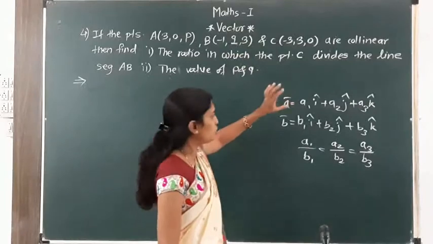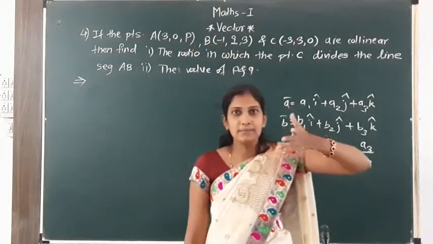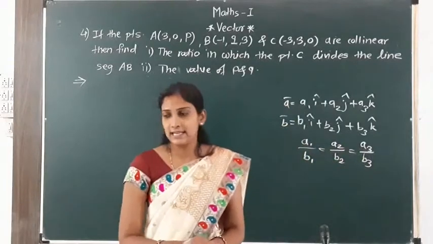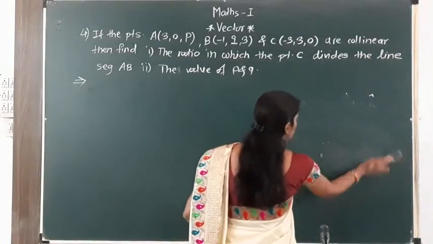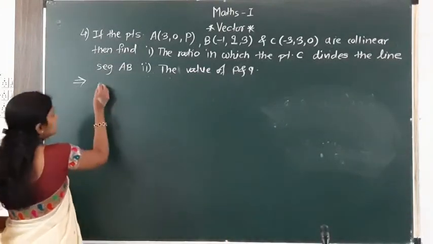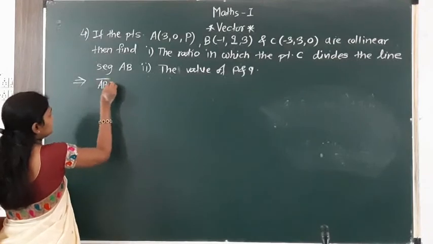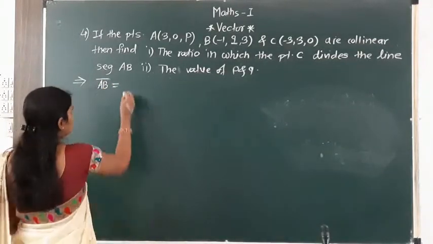For that, we first have to find two vectors, such as AB bar and AC bar, or BC bar. Firstly, AB bar. AB bar is equal to B bar minus A bar.